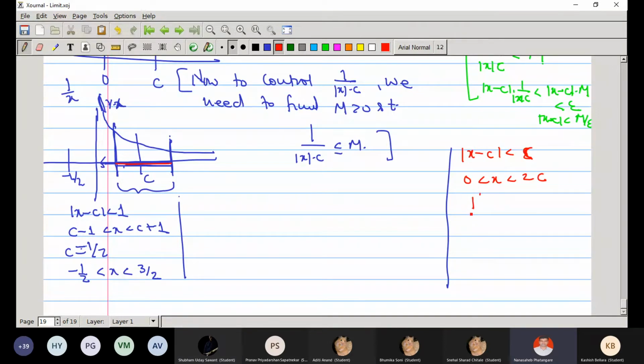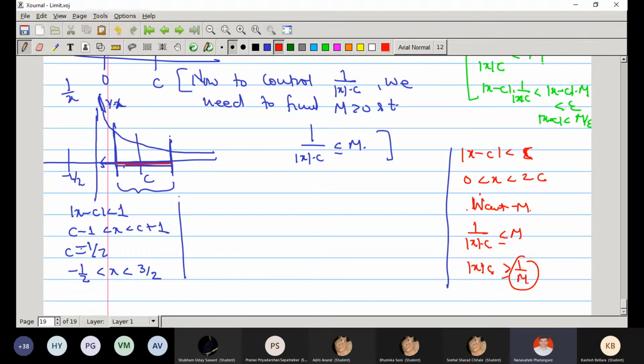What we want is m such that 1/|xc| < m, a larger quantity. Basically, that means we want |xc| > 1/m. That means we want a smaller quantity for |xc|, so that if we take the inverse, that will be the larger quantity.